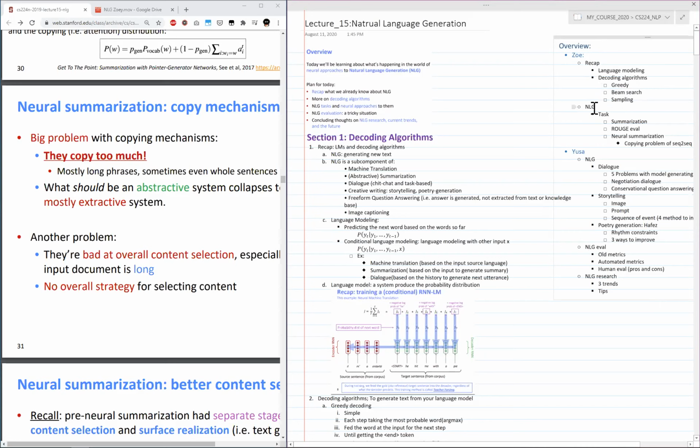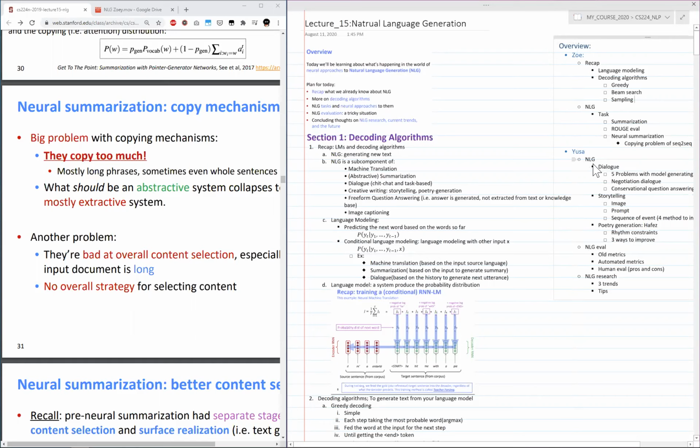Then we're going to enter natural language generation to talk about a few tasks it has, summarization and the evaluation metric called ROUGE. Then we are going to talk about neural summarization and its copying problem.